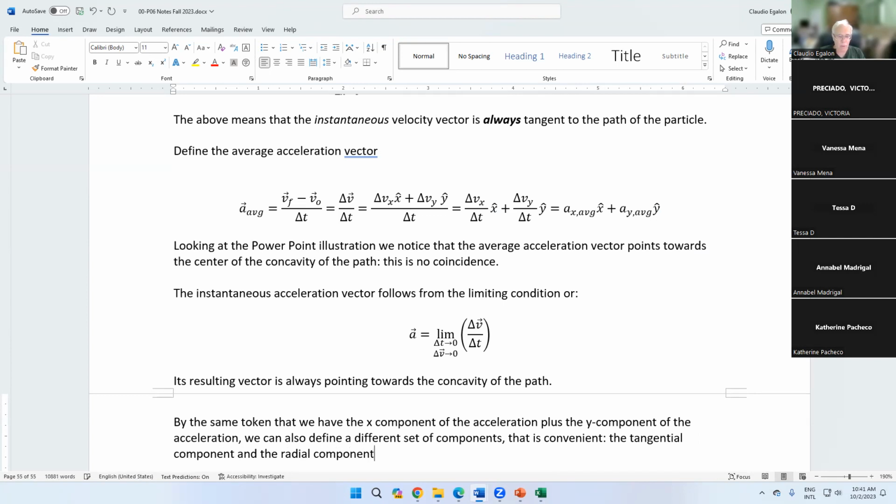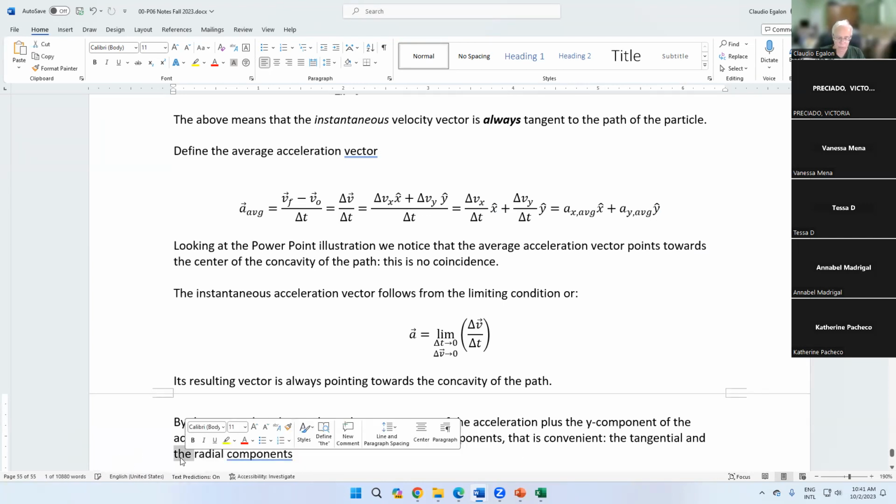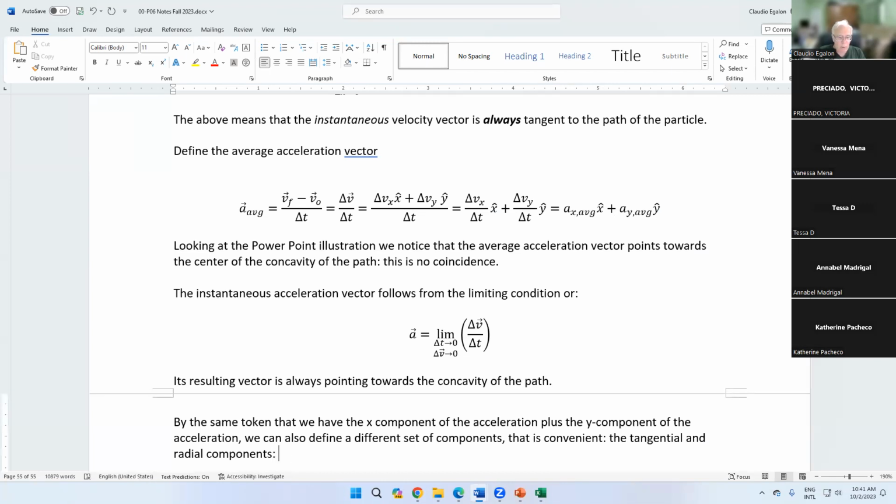Tangential and radial components, that is, the components that are tangential and radial to the path.